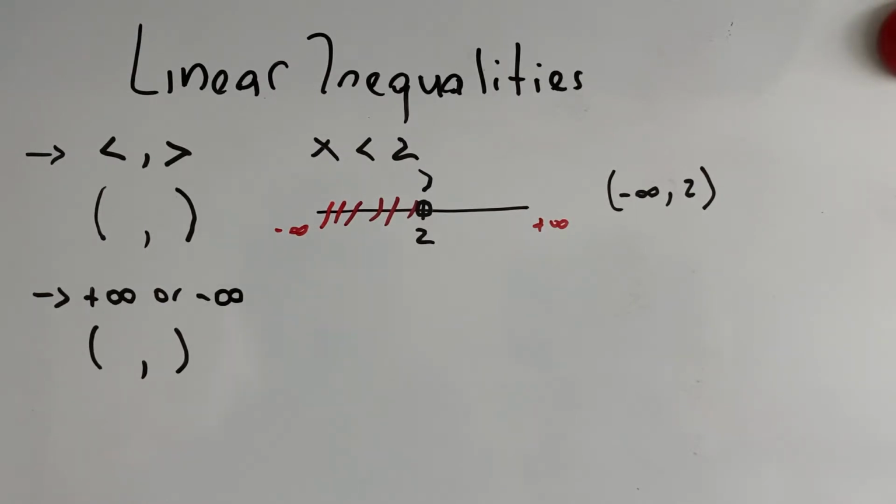So again, if it's less than or greater than, like strict inequality without the equal sign, then you know automatically you have to use parentheses. And if it's on positive infinity or negative infinity, you do the same thing. You have to use parentheses, okay?